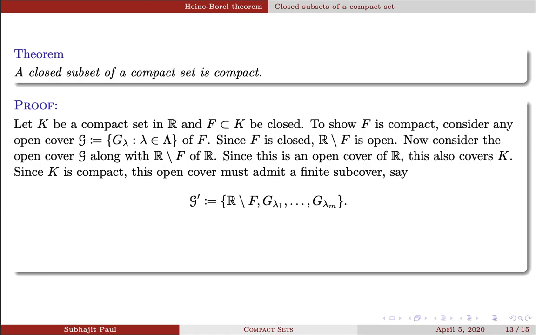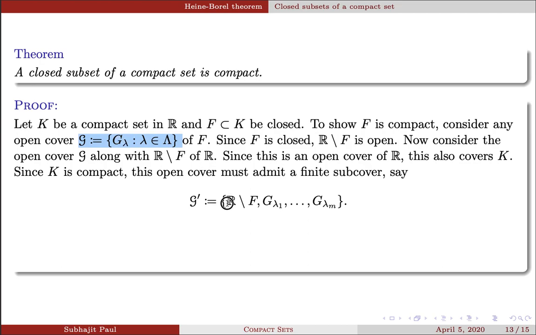Say we call it G dashed: G λ1, G λ2 up to G λM, and possibly R minus F, right? Because this script G is an open cover of F, so we do not know whether that covers K or not.